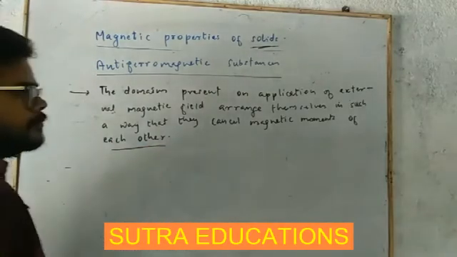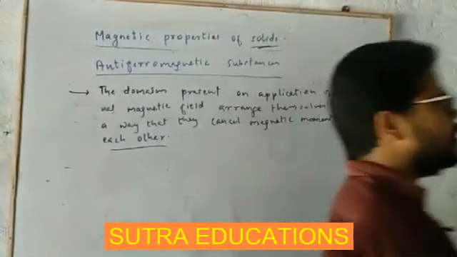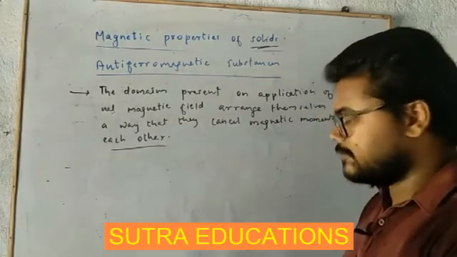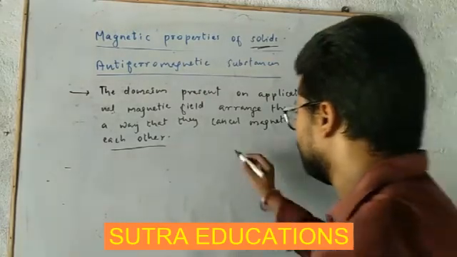What happens in this case? The domains present, when you apply an external magnetic field, arrange themselves in such a way that they cancel the magnetic effects of each other. What does this mean? I am simply making a diagram.